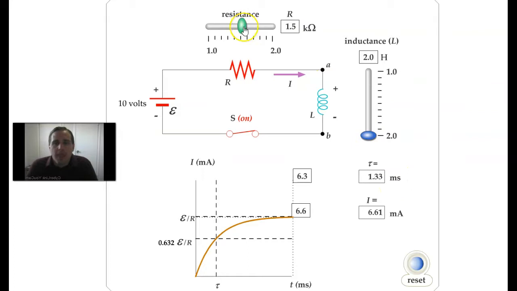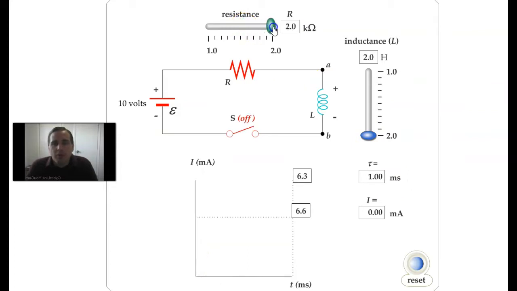Okay, and then how about if both are larger? Well, notice that we get back to that same time constant. In other words, we're going to build up to a higher current than the first experiment, so you would think that would take longer, but then we're also pushing back on the inductor, so that actually it should take the same amount of time in terms of the time constant of the first experiment.